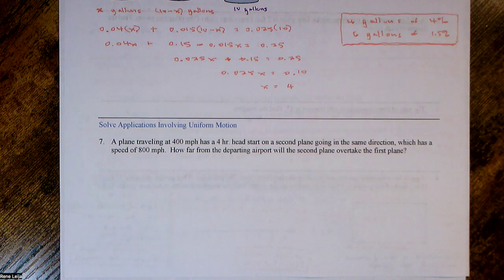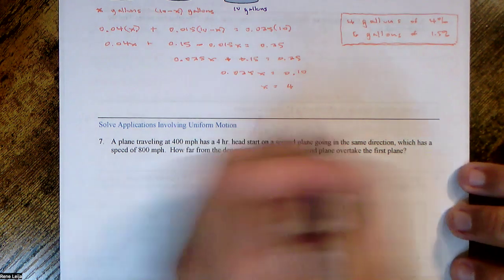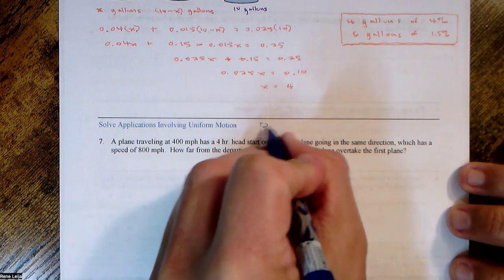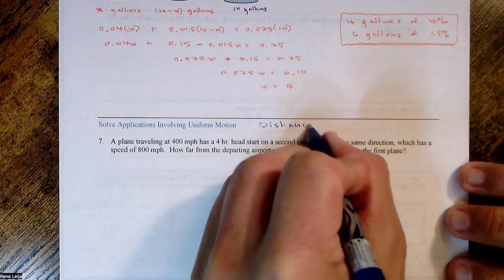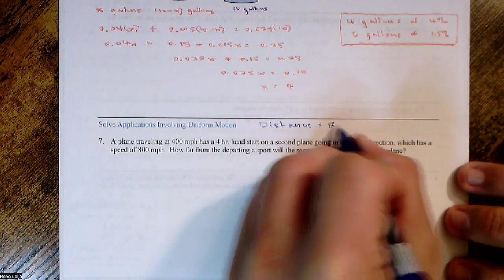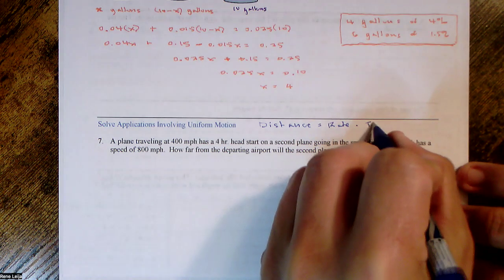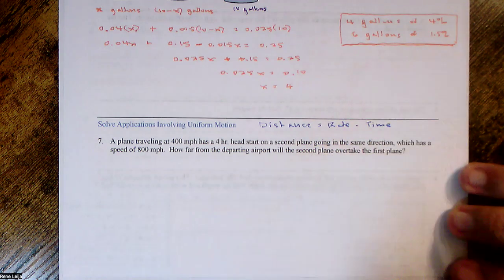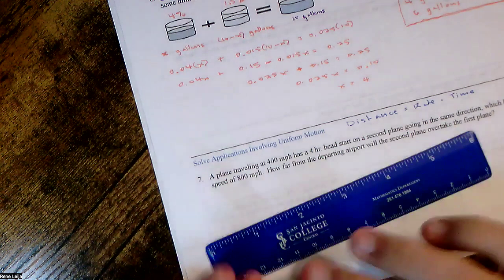They've given us a rate and they've given us time: distance, rate, time. So that should trigger a formula for you. So distance equals rate times time.